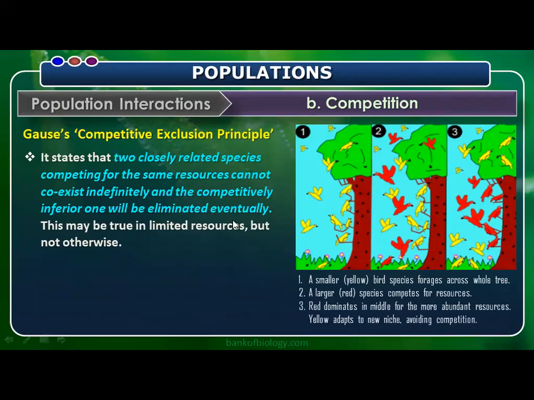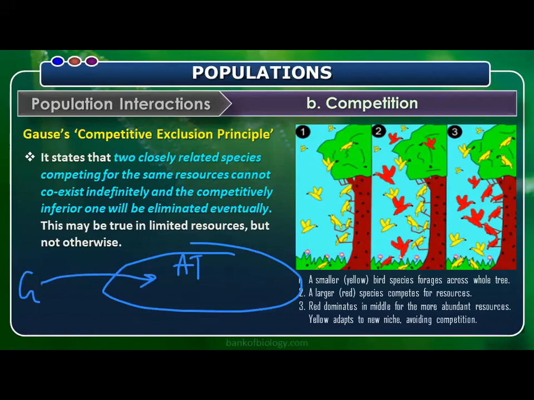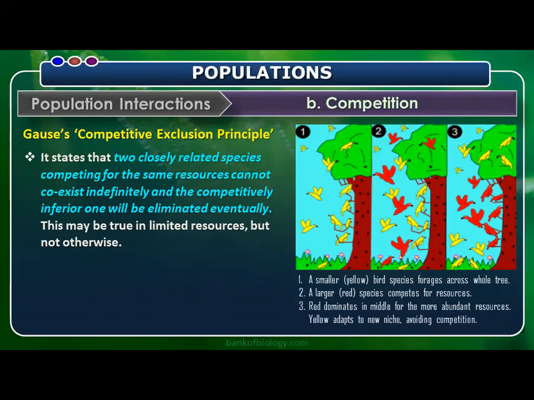So we are taking the same example now, the Abingdon tortoise, which lives in the Galapagos Island. After goats were introduced, the Abingdon tortoise became extinct. That is one of the best examples for the Gause competitive exclusion principle. This may be true in limited resources, but not otherwise.